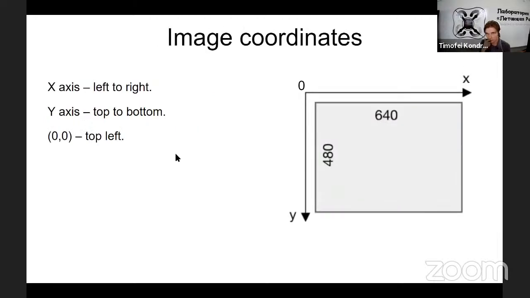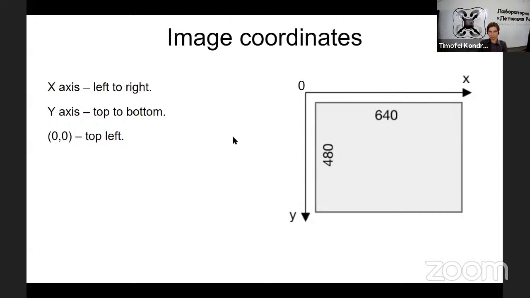Okay, the next thing about OpenCV is that it's working with image coordinates, and you have x-axis and y-axis, and they have 0 in the top left corner, and x goes right, y goes down.